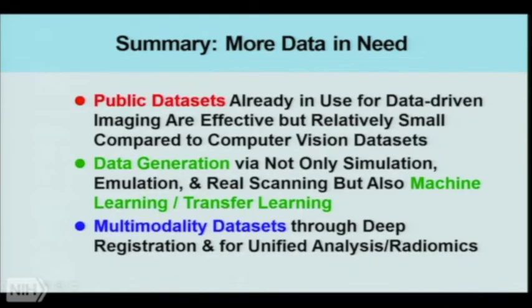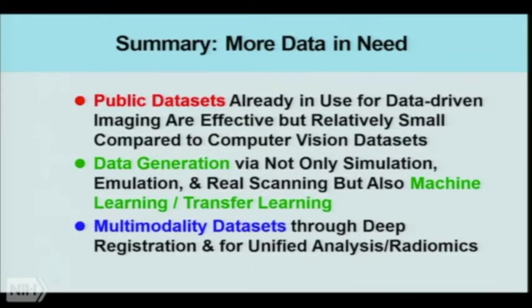So this is the summary slide. So basically, we say for data-driven machine learning, more data sets are needed, and the public data sets are already available, as I mentioned, for tomographic reconstruction, and several typical data sets were just summarized.